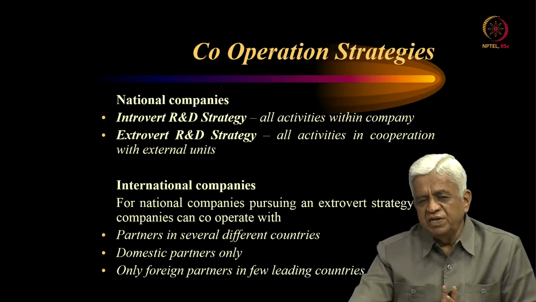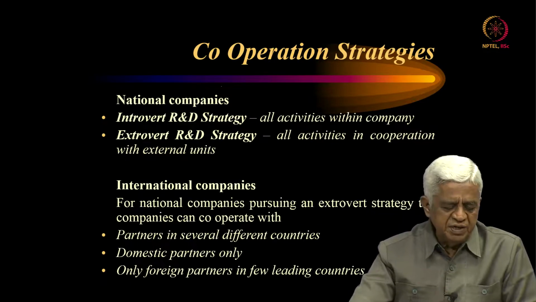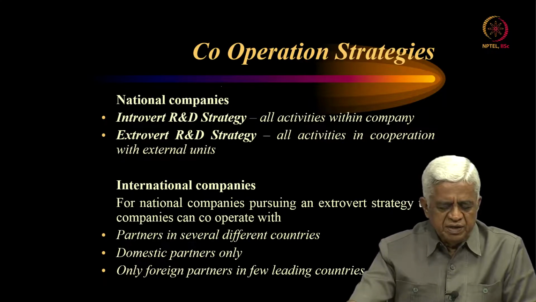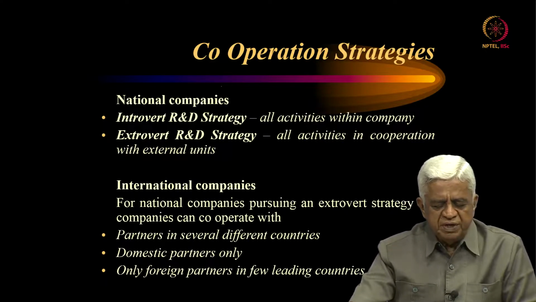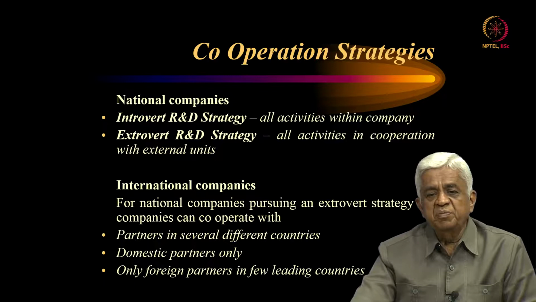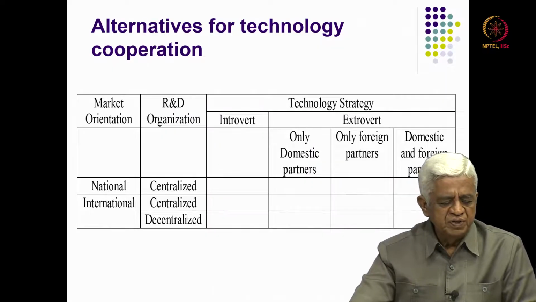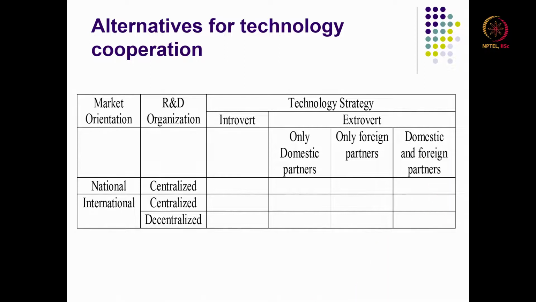Suppose that is national companies with an international strategy, then it can be an extrovert strategy. The companies can cooperate with partners in several different countries, domestic partners only, foreign partners. So, the table is given to you, giving you the alternatives for technology cooperation.